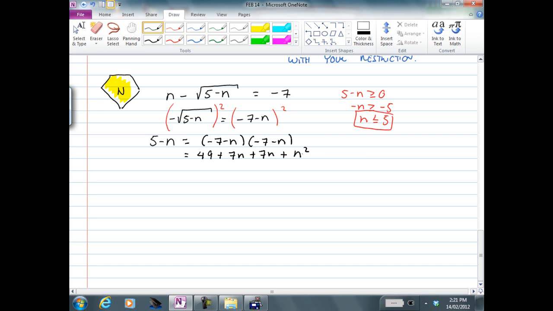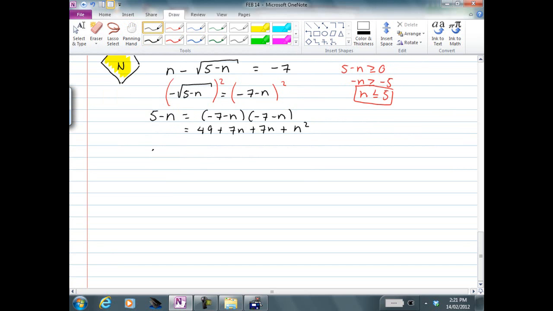Why don't we simplify it a bit more? 5 minus n equals 49 plus 14n plus n squared. I'm going to rewrite things in a nice order because it's too messy right now. 5 minus n equals n squared plus 14n plus 49.